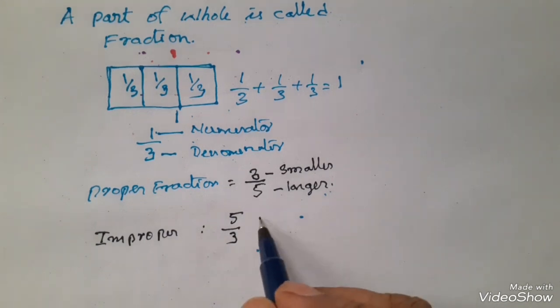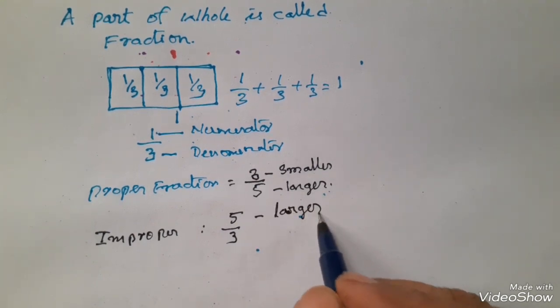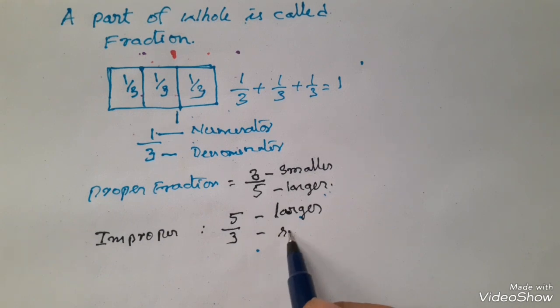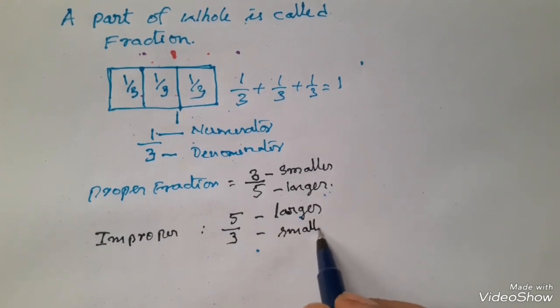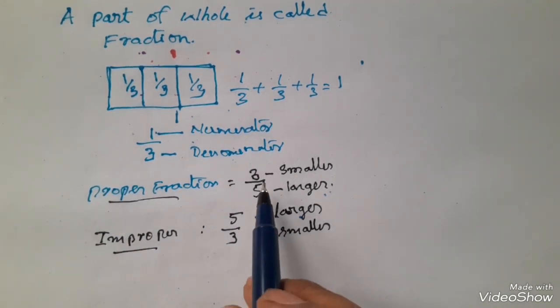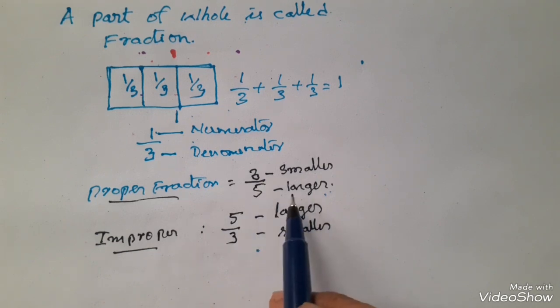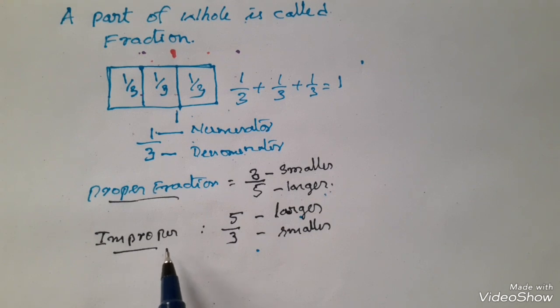So 5 is the larger and 3 is the smaller one. So what is a proper fraction? What is an improper fraction? In a proper fraction, the numerator is smaller, the denominator is larger. And in an improper fraction, the numerator is the larger one and the denominator is the smaller one.